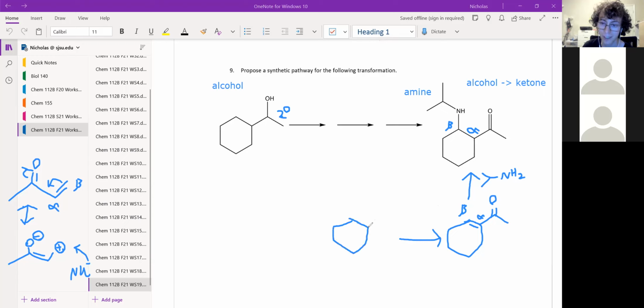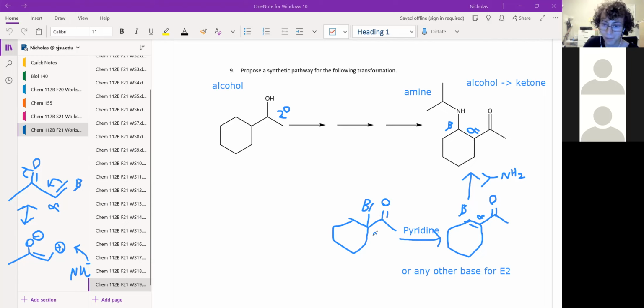One way I could make that is if I started with a structure like this with a halogen on the alpha spot, and then you add a base to make that in an E2 reaction. So we could add pyridine or any other base, it doesn't really matter. Just some sort of base to do an E2 reaction to make that alkene. So that's another way that we can work backwards further.